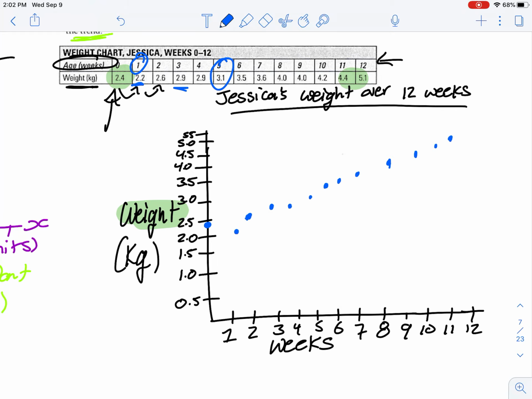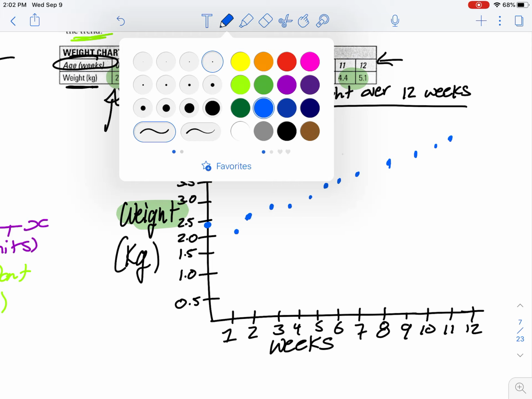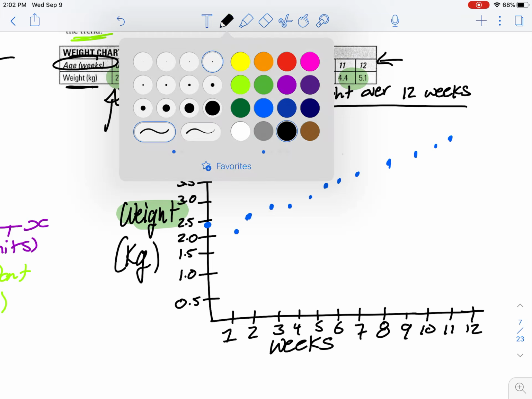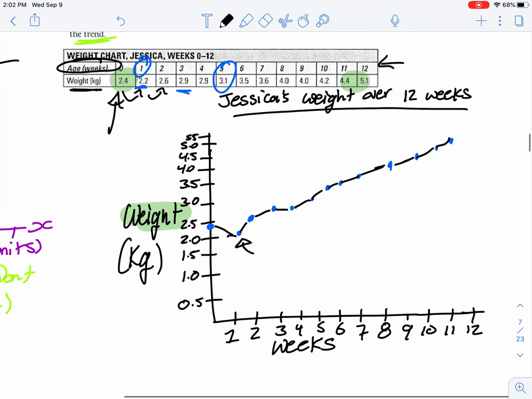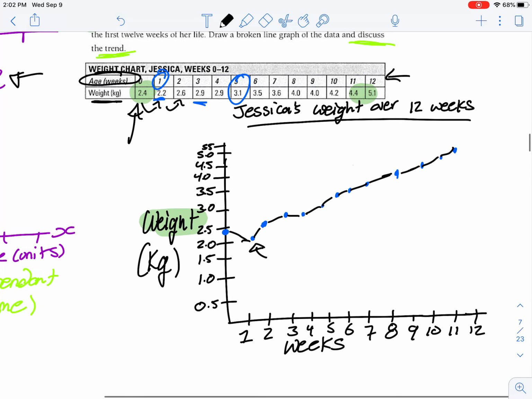So there's your graph, and we can connect these points. Remember, a broken line graph, you're going to connect them the way it shows. Okay, so I'm going to connect all of these, kind of like this. So we can see at the start, she fluctuated a little bit. Okay, so she was fluctuating a little bit of weight.